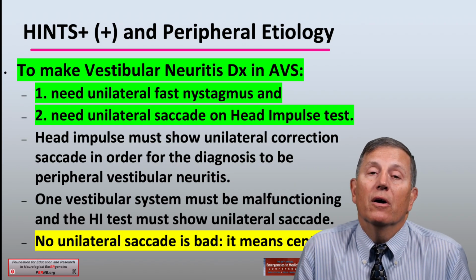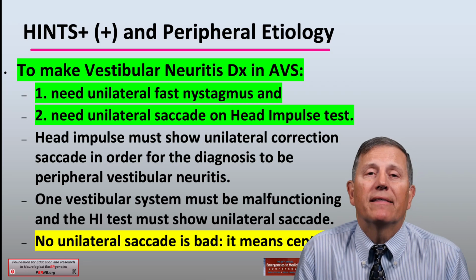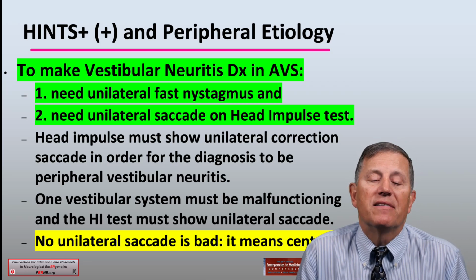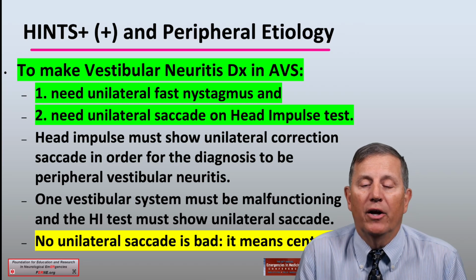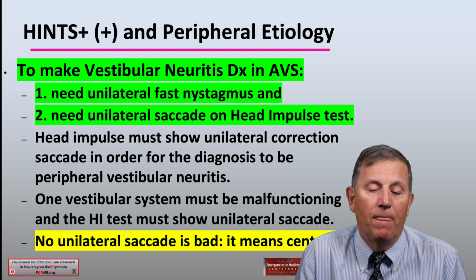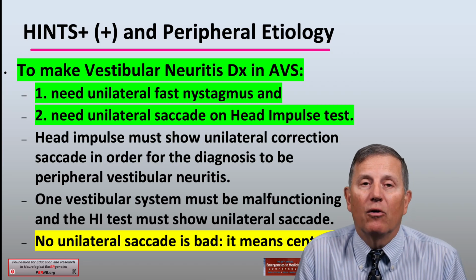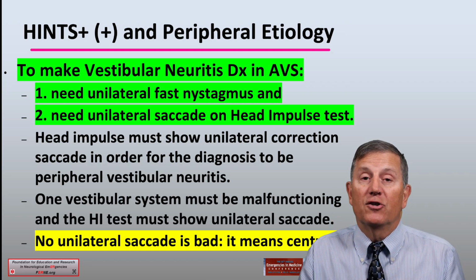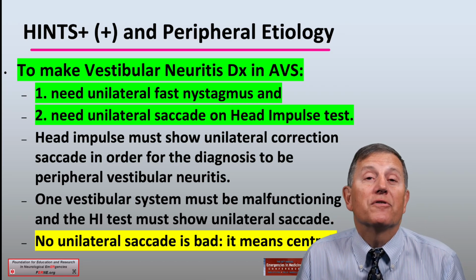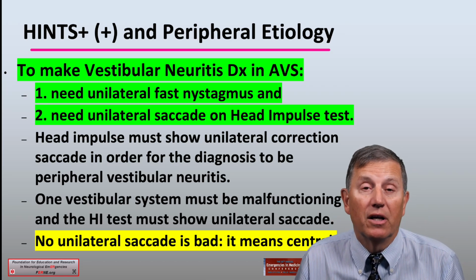So in other words, in order to make the diagnosis of vestibular neuritis in a patient with vertigo and acute vestibular syndrome, you need to have the following. You need to have unilateral fast nystagmus in one direction that suggests one of the vestibular systems is malfunctioning.